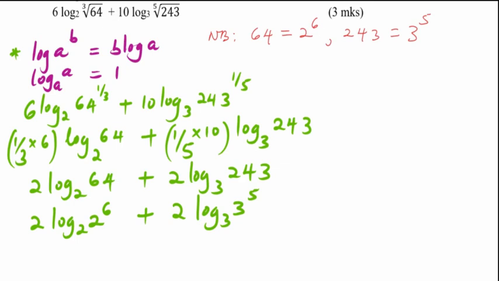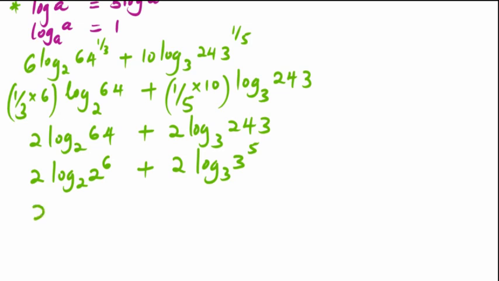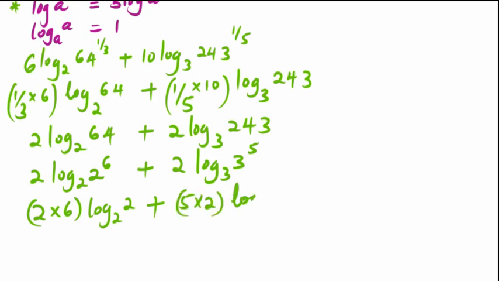The next thing from there, you can proceed using the basic rule number 1. Now we get 2 times 6 logarithm of 2 to base 2, plus 5 times 2 logarithm of 3 to base 3.